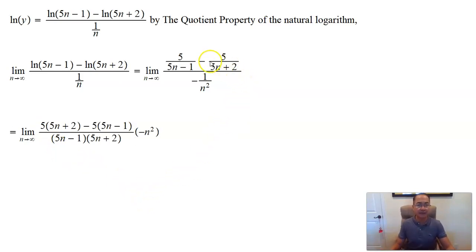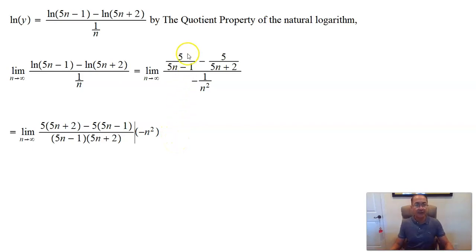Okay, so there you go. Quick review. 5 times 5n plus 2, right there. Minus 5 times 5n minus 1, right there. Common denominator, don't forget there's a common denominator, 5n minus 1, 5n plus 2. Flip the minus 1 over n squared in the denominator into negative of n squared in the numerator.